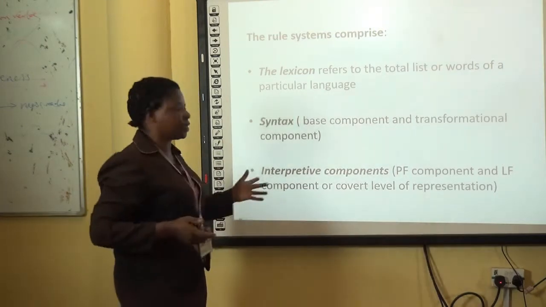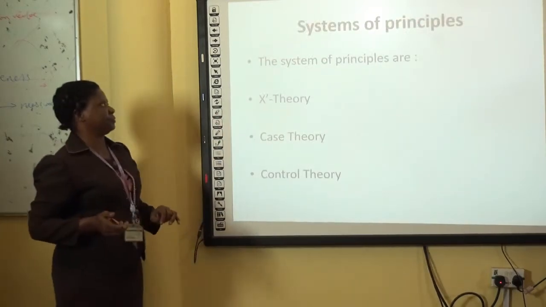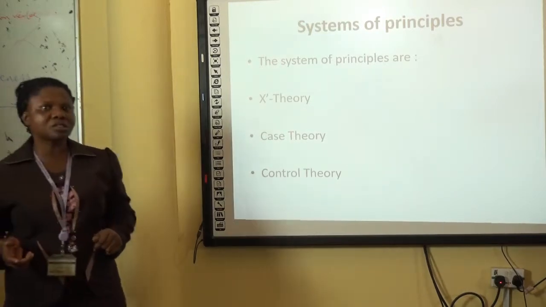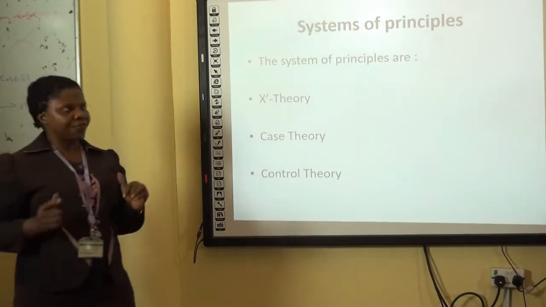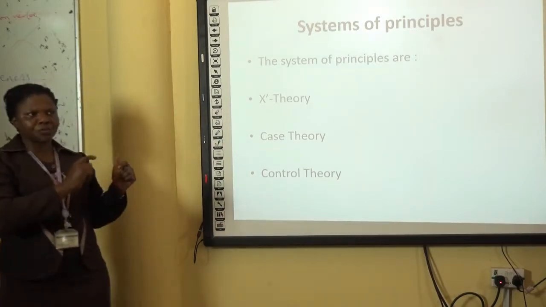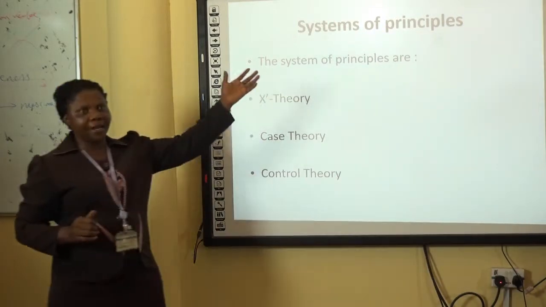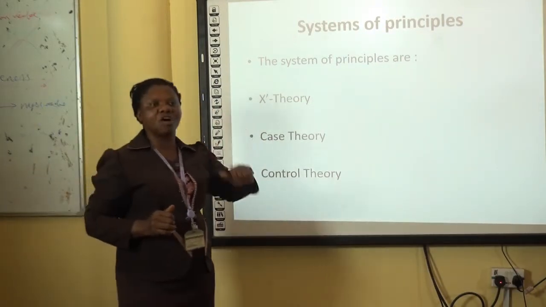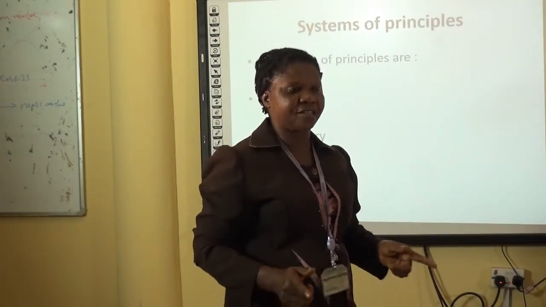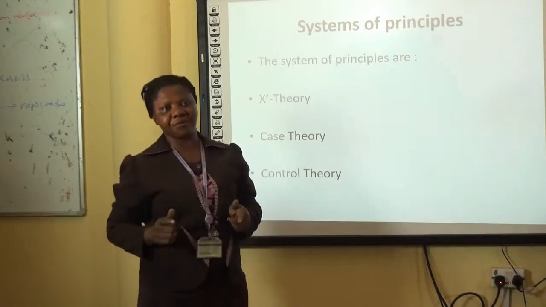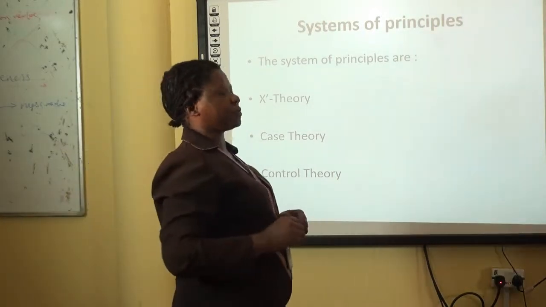The logical form is otherwise called the current level of representation. Now we've considered the first aspect of Chomsky's grammar under the GB. The second one is the systems of principles. Don't forget that the Xbar theory is under the systems of principles.